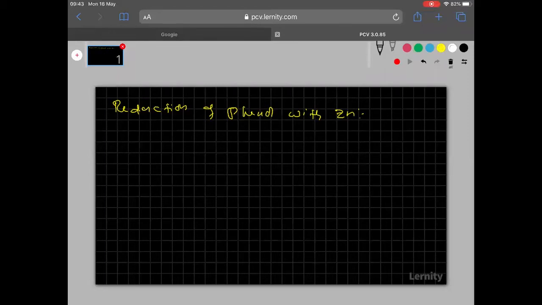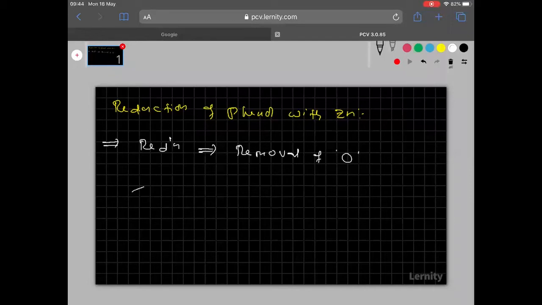First of all, I want to mention one important thing about reduction. So reduction means what? Tell me. Removal of oxygen, I can also say. Is it clear? Reduction means removal of oxygen. Hope you are able to understand this one.